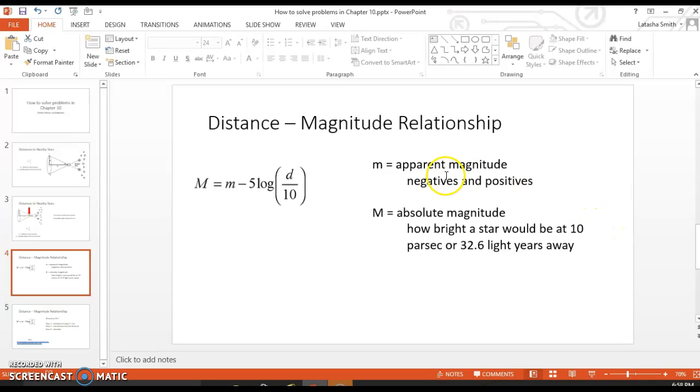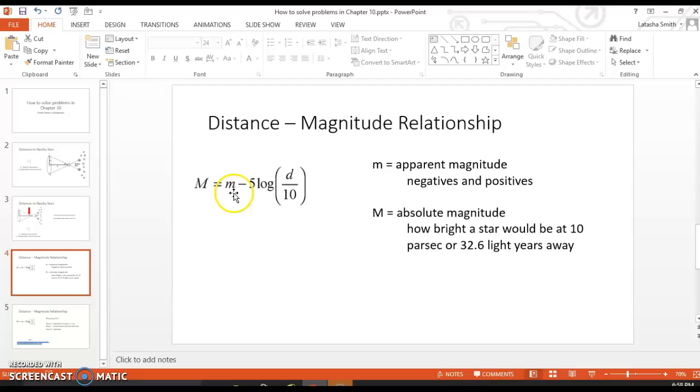Here we have 10 as the constant, and because it's not 1 anymore, we shift to the right to be 32.6 light years. That's the constant we use for distance in light years. For these equations, you won't have to memorize them. They will be given in the question that you're asked.